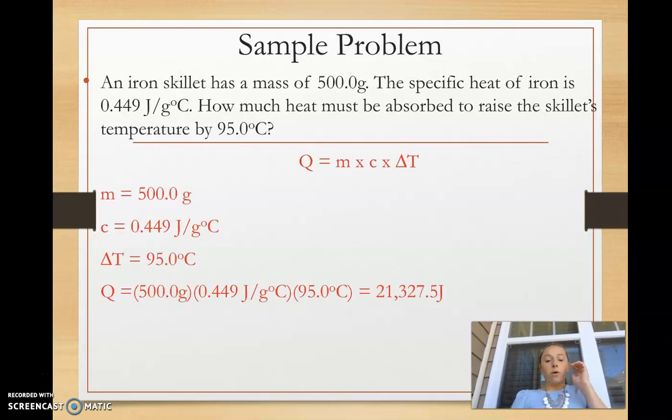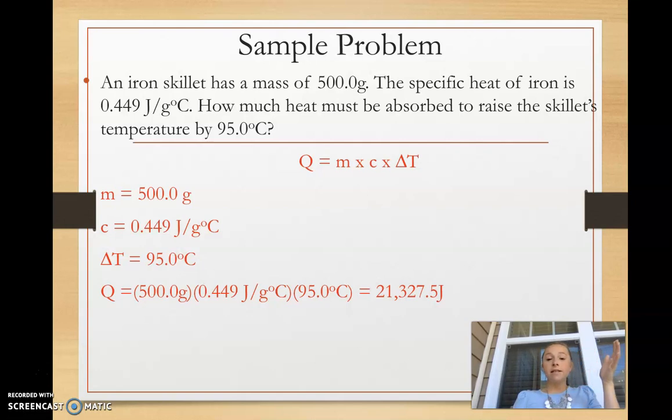So we know that our formula equals Q equals M times C times delta T. So M, our mass, is going to be the 500 grams. It says an iron skillet has a mass of 500 grams. So there's our mass. Our C, which is going to be specific heat, is given right there. It's 0.449 joules per gram Celsius.